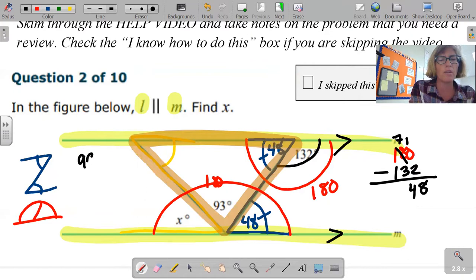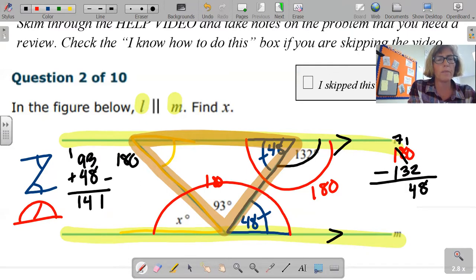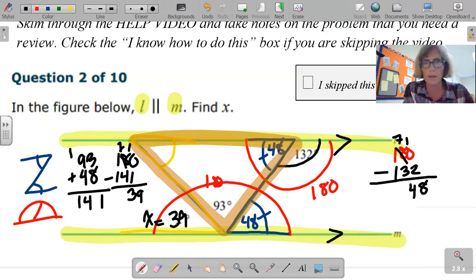It's going to be 93 plus 48. And you take that away from 180. You're going to get 39 degrees. So X would equal 39 degrees here.